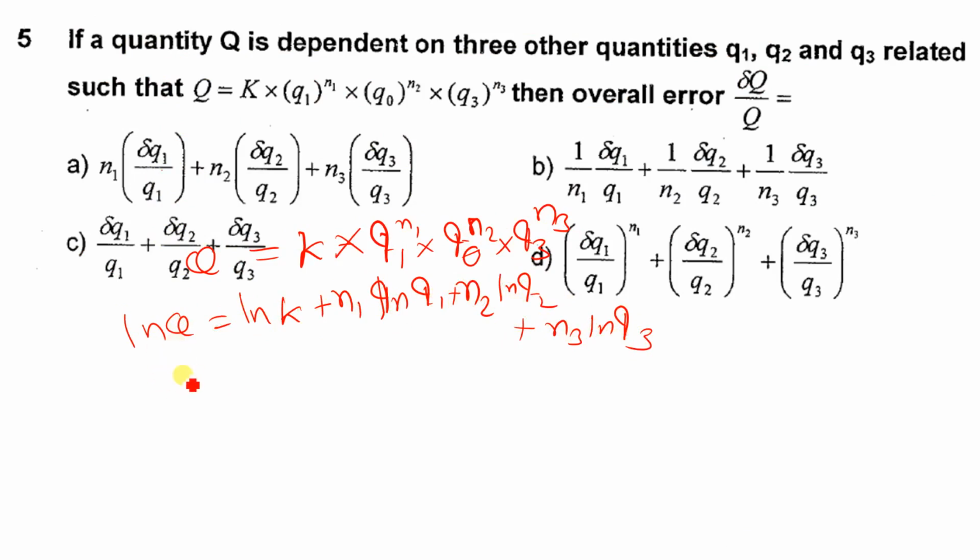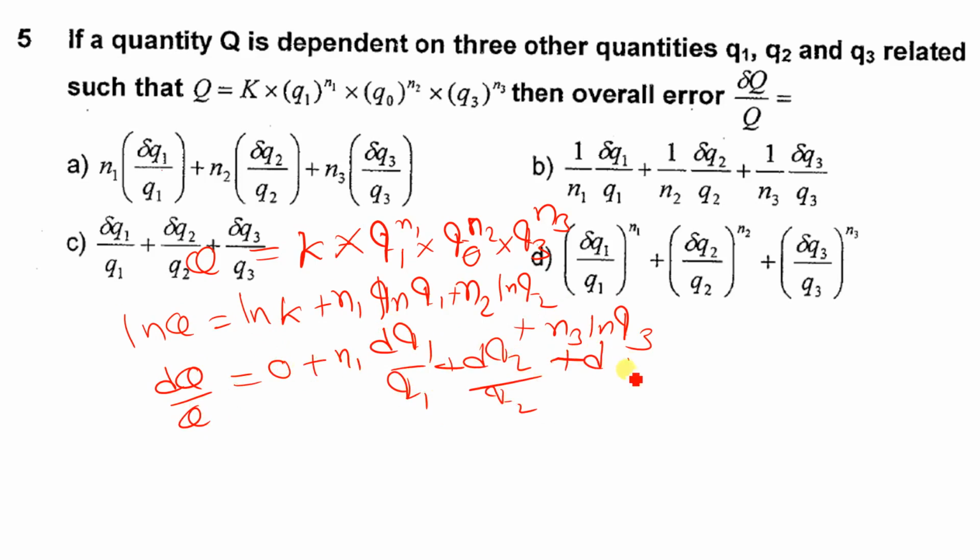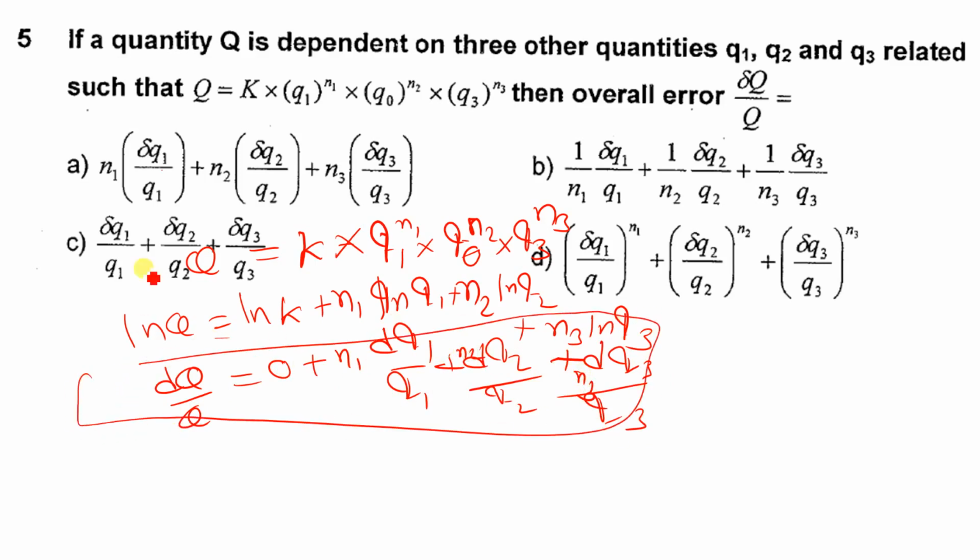Taking the differential, dQ upon Q equals 0, n1 dQ1 upon Q1 plus n2 dQ2 upon Q2 plus n3 dQ3 upon Q3. So the right answer is the one similar to this.